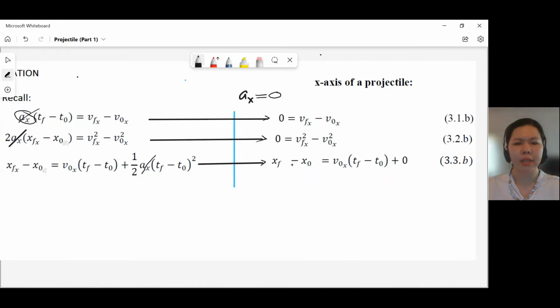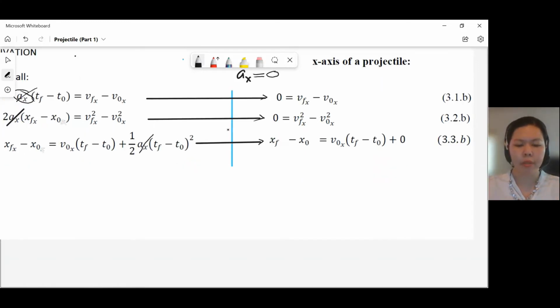We copy the left side, xf minus x naught equals, we only carry the first term on the right side of the equation, v naught x times tf minus t naught. From 3.1.b and 3.2.b, we now have 0.